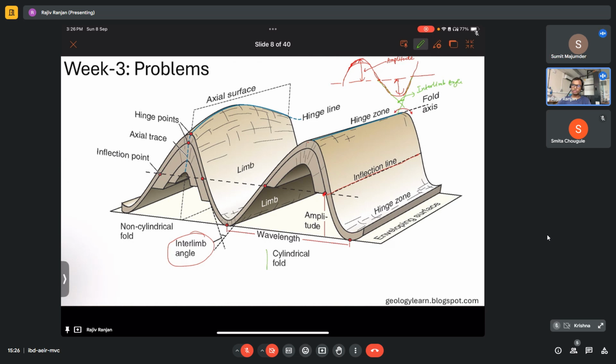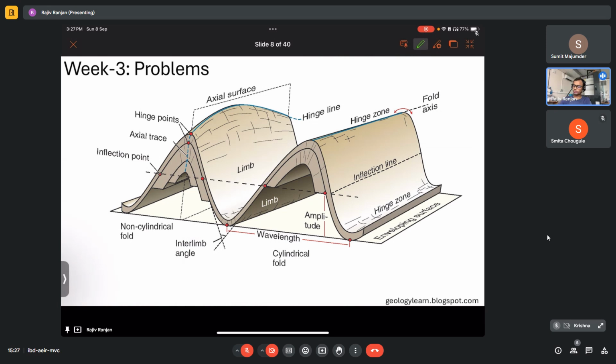You want to say something, Sumit? Actually, somewhere in the study material, I have read, I don't exactly remember where, the hinge line is the line wherein the curvature of the fold appears as a straight line. Am I correct? Yeah, you're correct.